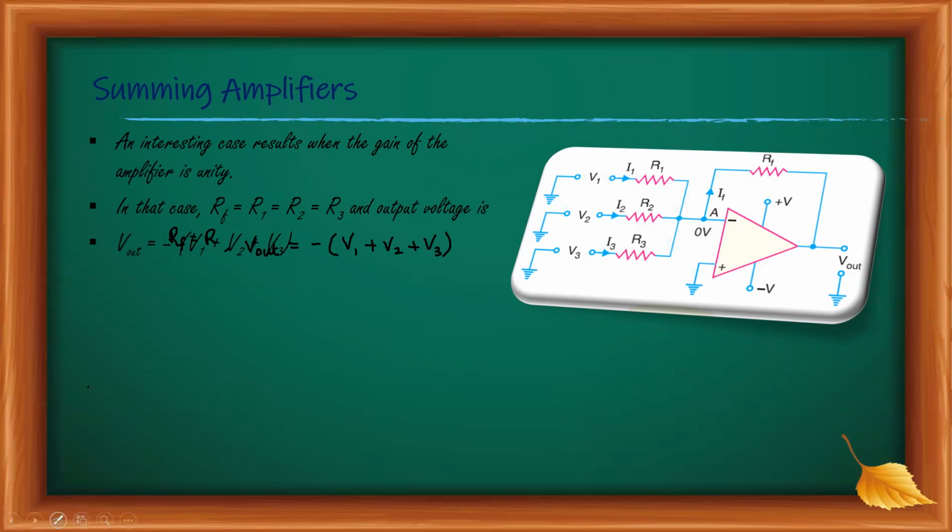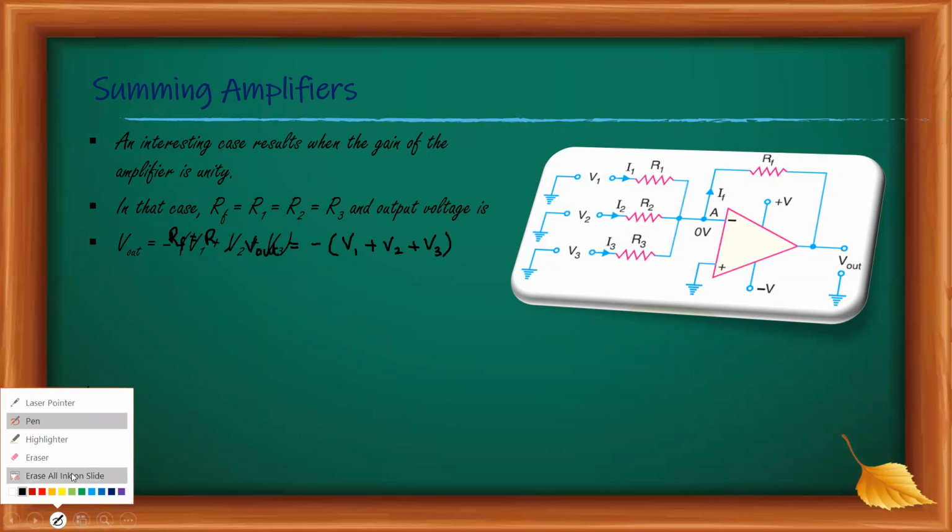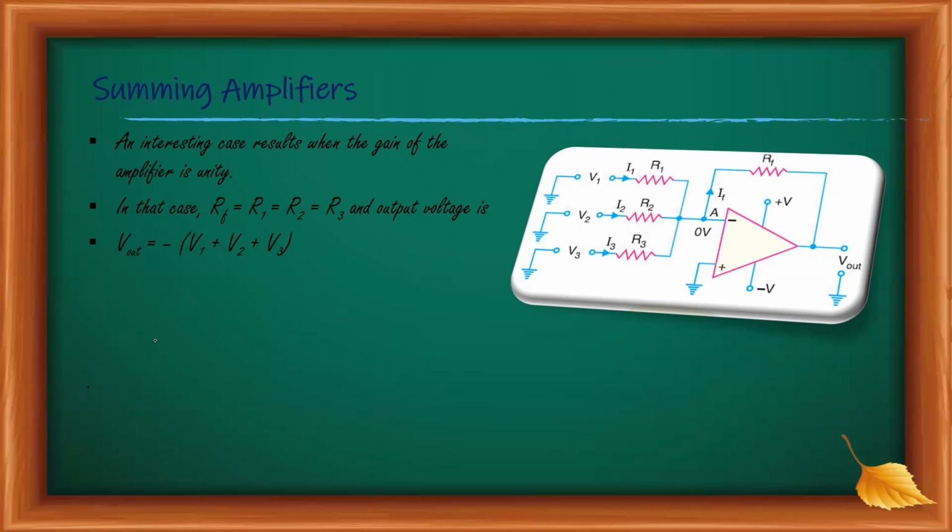Here we write V out is equal to minus of V1 plus V2 plus V3. Okay. Thus, when the gain of the summing amplifier is unity, the output voltage is the algebraic sum of input voltages.